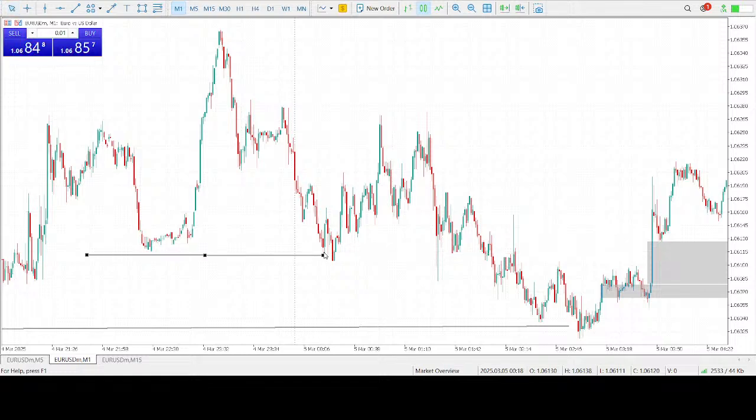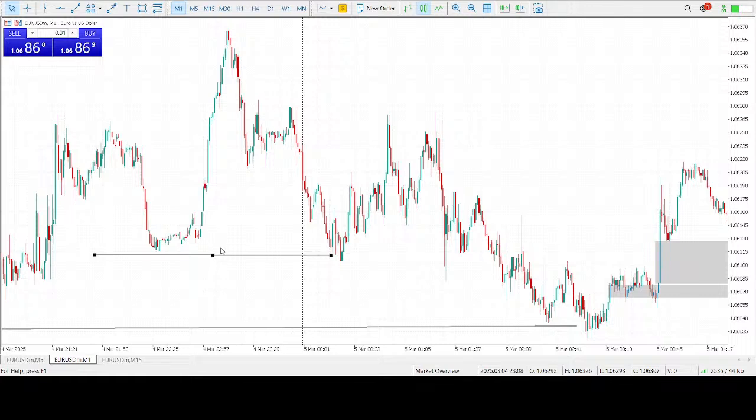There was this one lying down here, price took it out, returned higher, and as it returned higher, we had relative equal highs forming here that we would have expected price to return to, but only after taking out the liquidity on the sell side.